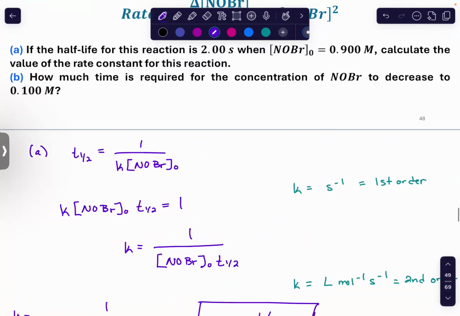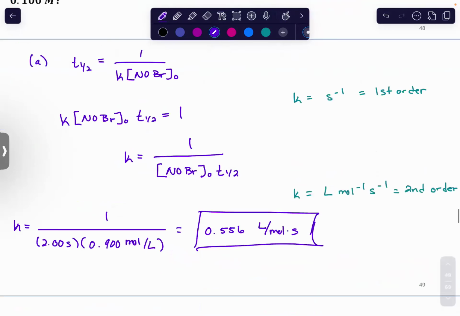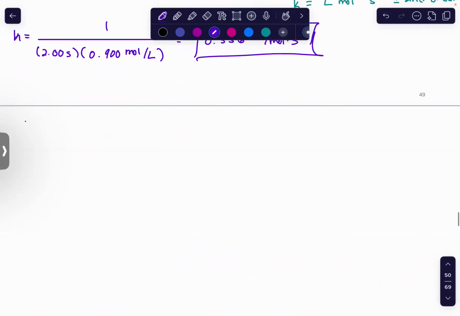Okay, so what does part B say? How much time is required for the concentration of NOBr to decrease to 0.1 molar? That right there. How much time does it take for concentration to decrease? Oh, that's an integrated rate law. So part B, I'm going to write it backwards because I'm solving for time.